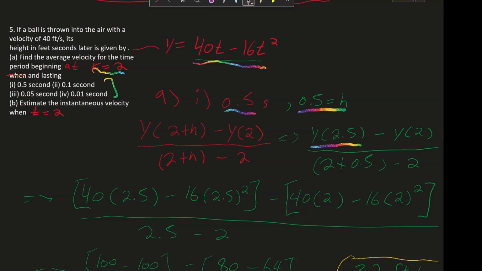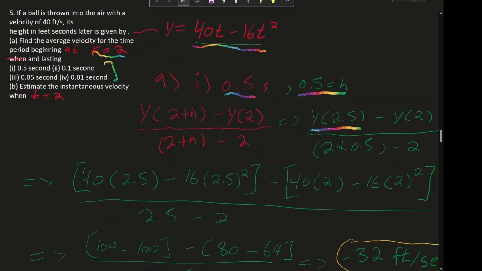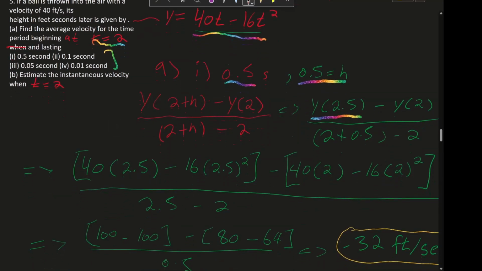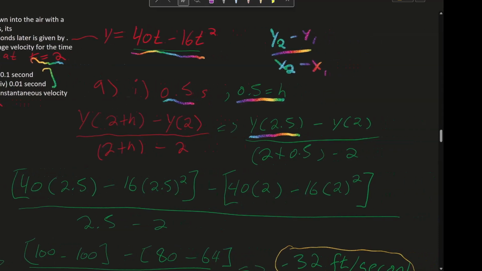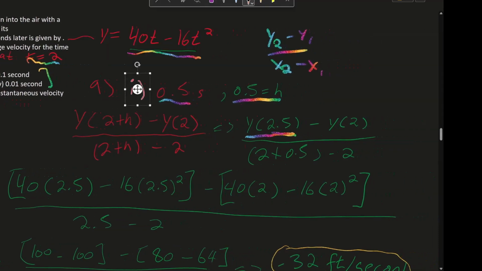You just add it to 2, or you could set it equal to h and then have your setup as y of 2 plus h minus y of 2 over 2 plus h minus 2, which is like previous problems where you just have y2 minus y1 over x2 minus x1. This means you're plugging this 2.5 into the function up here for y, and you're plugging in the 2 into the function of y also.